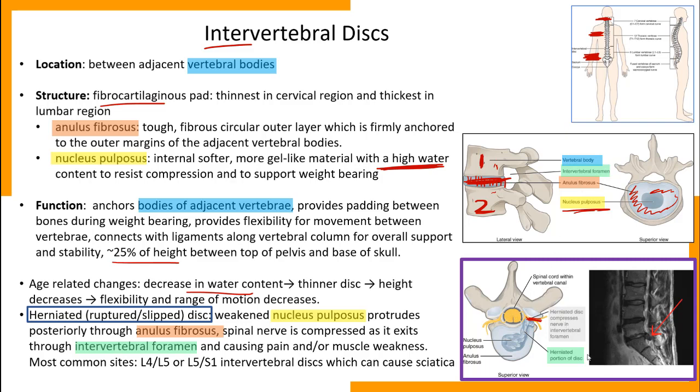The intervertebral disc can also shift or herniate and move to a location where it's not supposed to be. So it's not good getting old and having herniated or ruptured discs. And we'll talk about that later as we progress through the course.